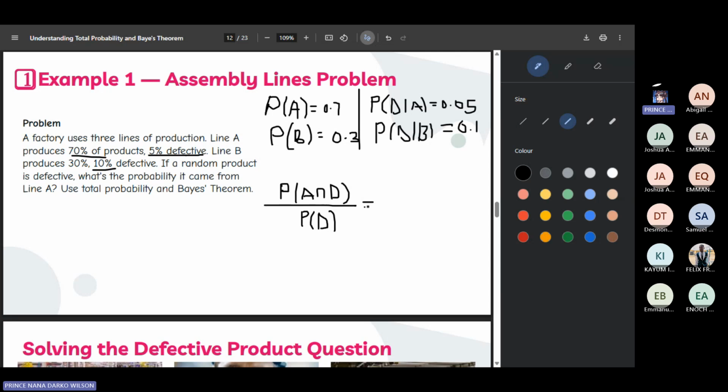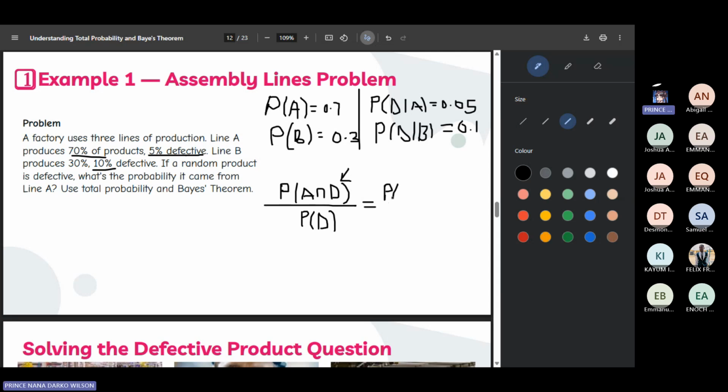We first express this particular one up here in these terms. As you can see, we've not been given a direct intersection. Therefore, there are other ways we can express this, just as we looked at yesterday. So the probability of A intersection D can be written with the parameters we have here.